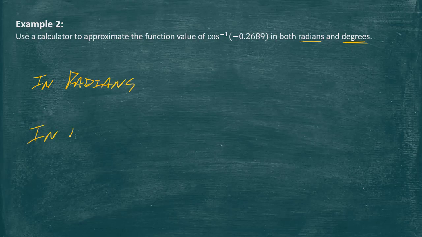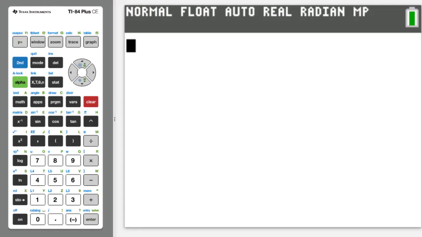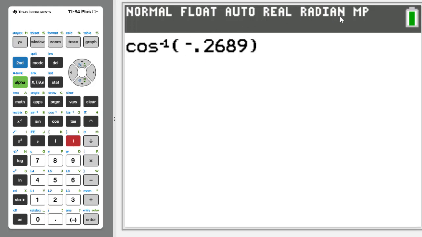So I'll just go ahead and get my answers set up here in some way, shape, or form. And if I go ahead and bring a calculator up, it's now the inverse cosine of negative 0.2689, which was the ratio that they provided for us. Do a quick glance at the top of the screen.